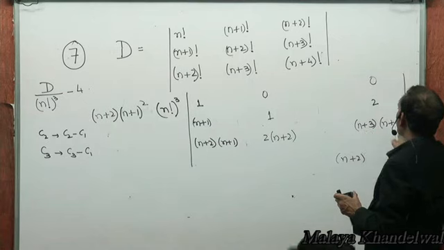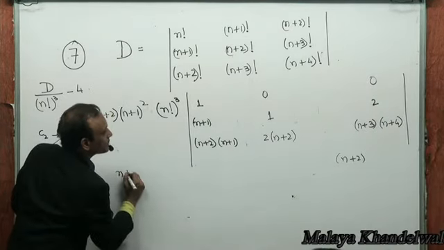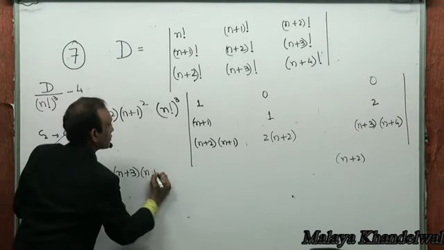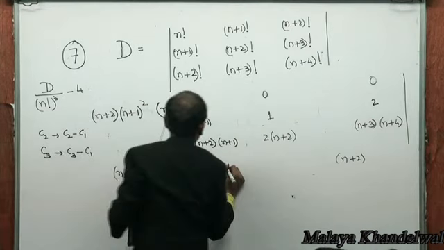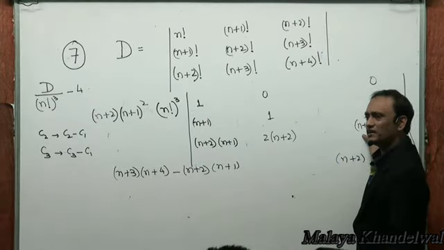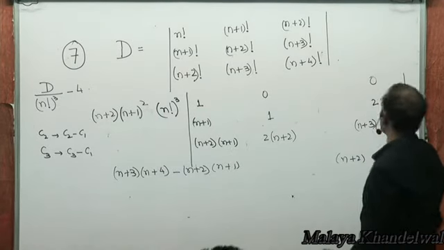And this is the entry here, n plus 3 into n plus 4, minus n plus 2 into n plus 1. Was this the entry here originally? Then this minus this.